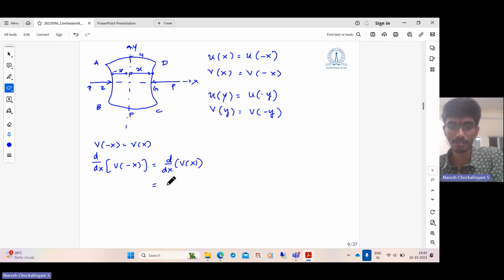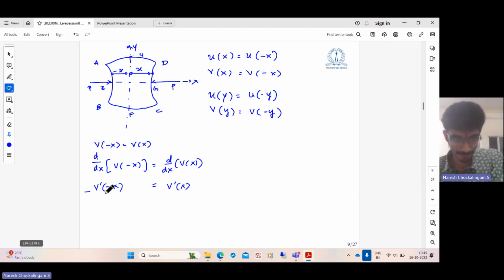On the right hand side, what we have is just V dash of x. But on the left hand side, if you apply the chain rule, you get V dash of minus x multiplied by a minus sign, because the differentiation is with respect to x.